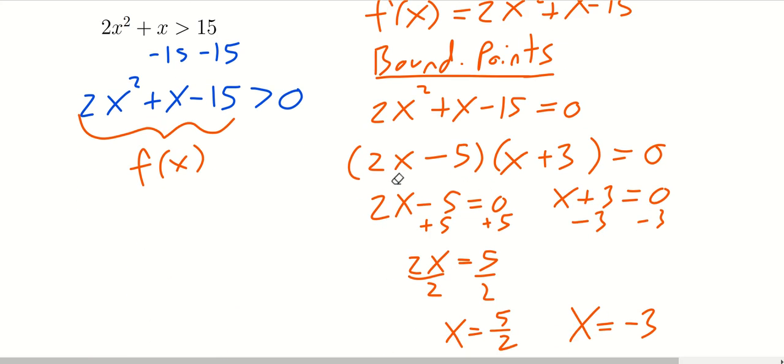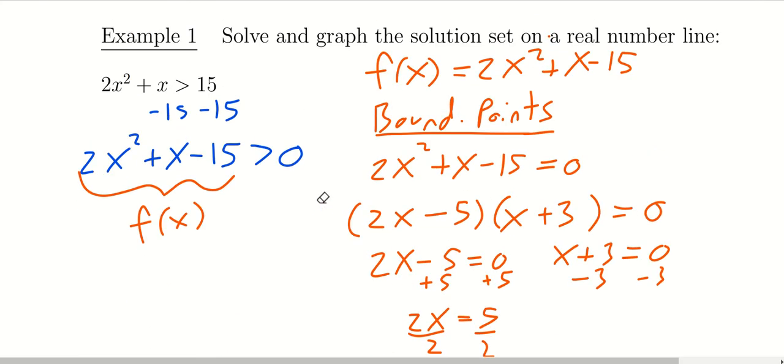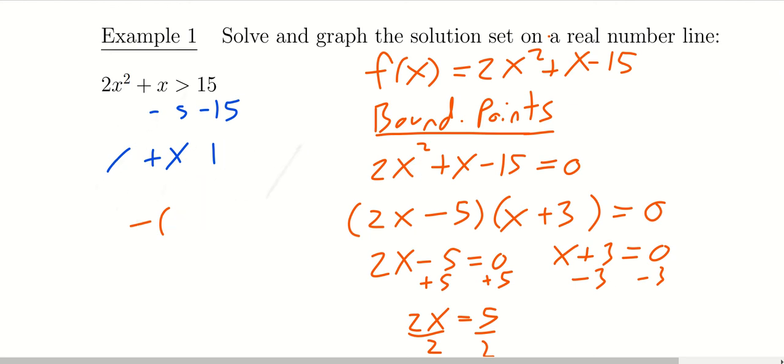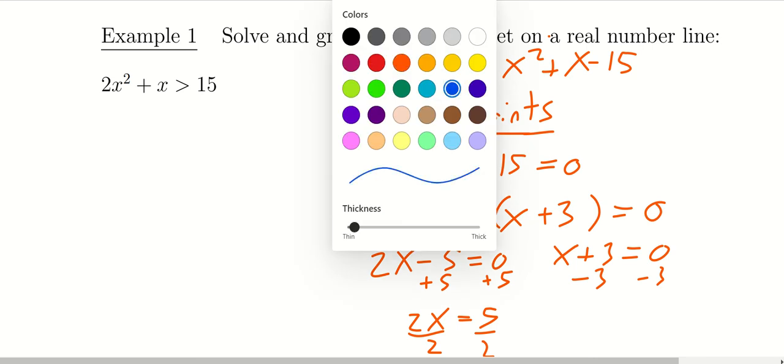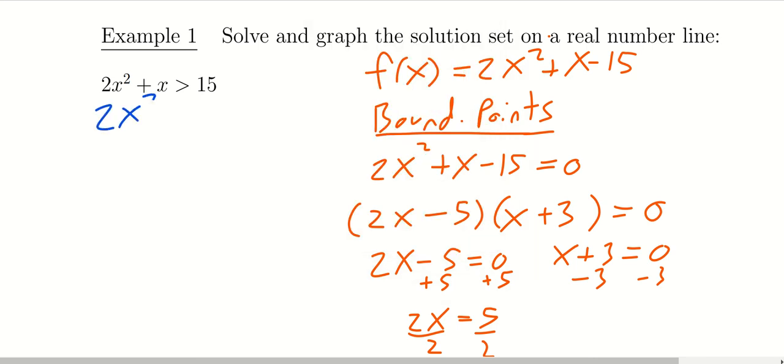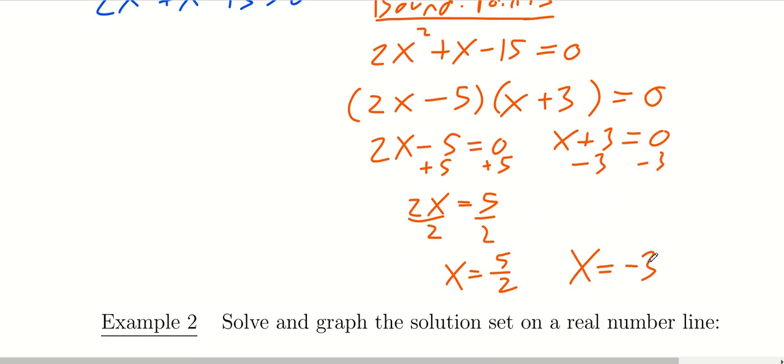Let me do a little bit of erasing so we're able to squeeze some more work onto here. So again, this inequality was 2x squared plus x minus 15 greater than 0. Now we're going to plot these on a number line.